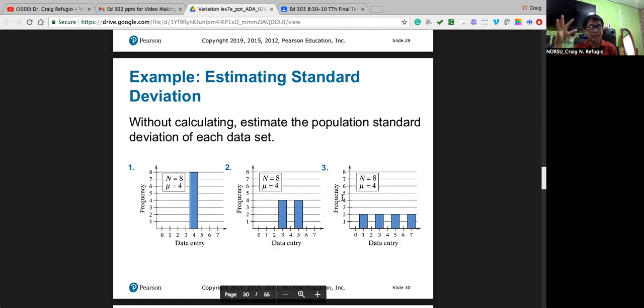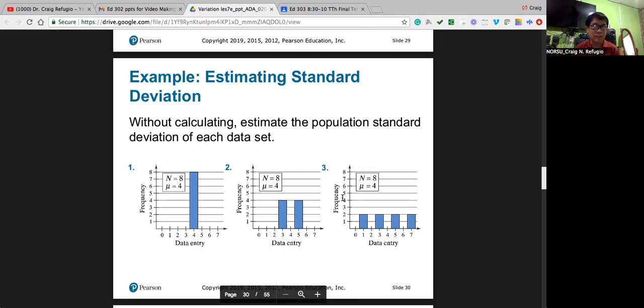Capital N refers to the total number of members in the population. So take note of the difference between small letter n and capital letter N, which I repeatedly mentioned: what is N in capital letter and what is n in small letter.